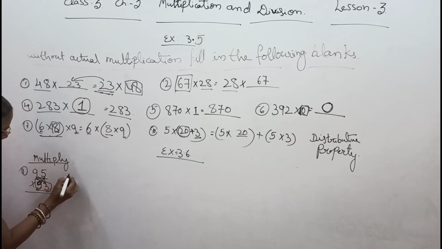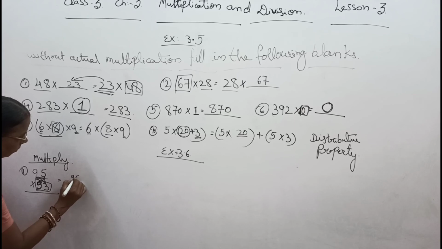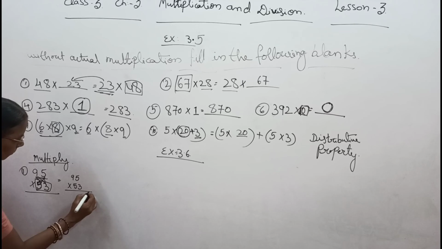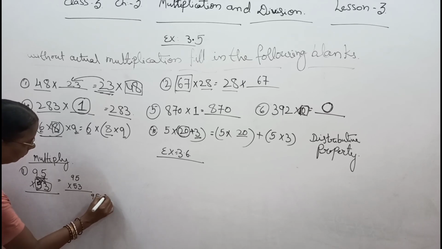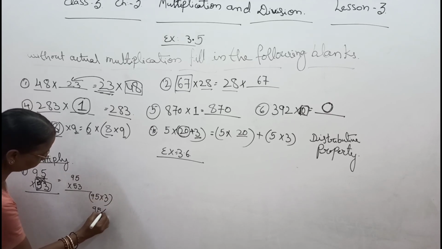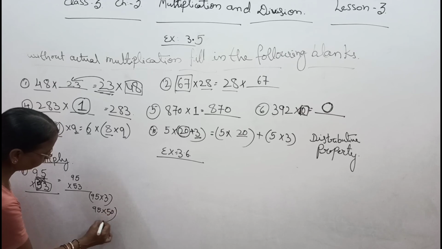To make it simple, we go for the place value method, that is 53. Now the first one is 95 into 3. Then the second one is 95 into 50.